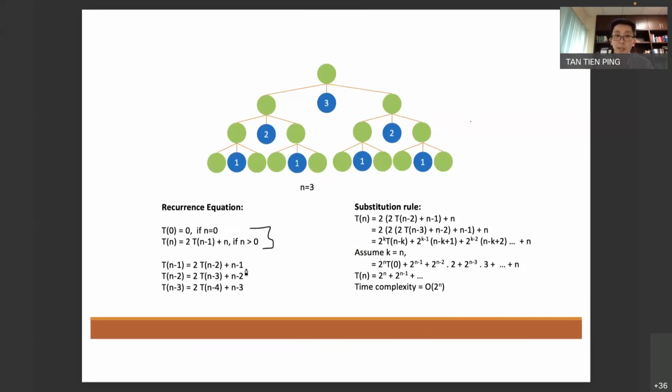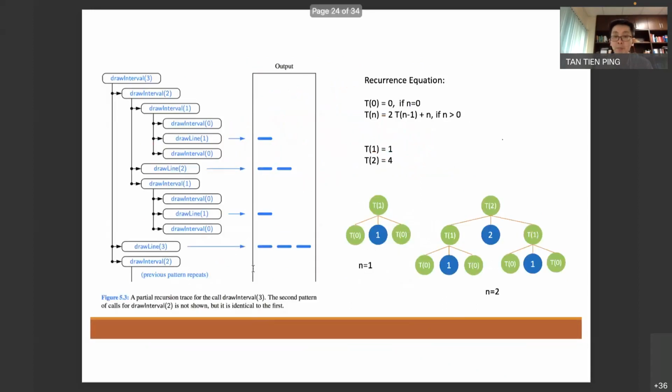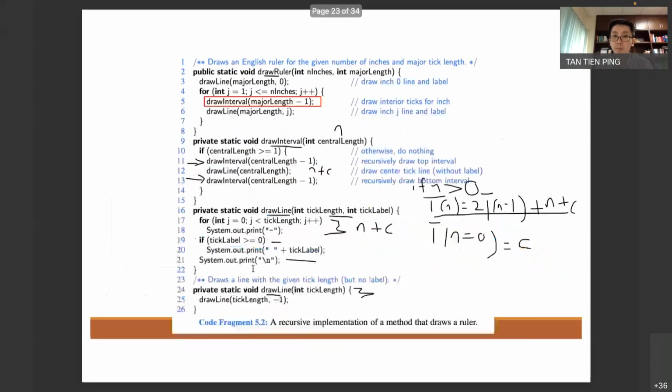Why is it n minus 1 here? Let's say initially the central length is 10. 10 minus 1 becomes 9, then we recursively call drawInterval with 9.